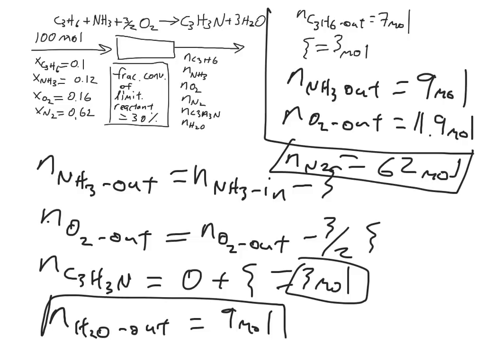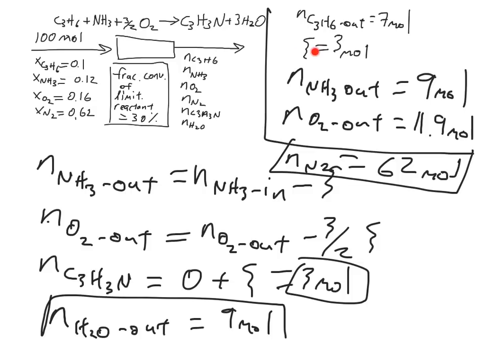We've gone through and we've first initially determined what was the limiting reactant, in this case C3H6, and then used information that was given in the problem about the fractional conversion of the limiting reactant to find out how much C3H6 we have leaving our system. And remember, just to remind you, we use the fraction unreacted. It's just an alternative way besides the fraction reacted.